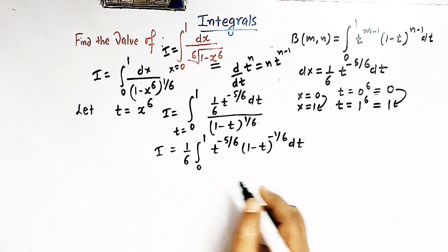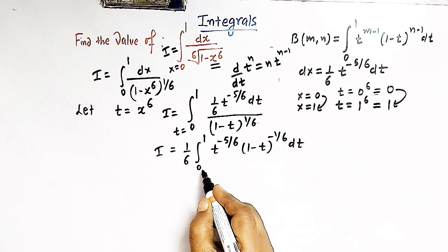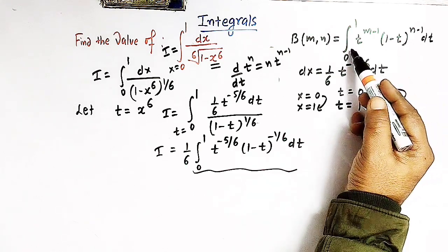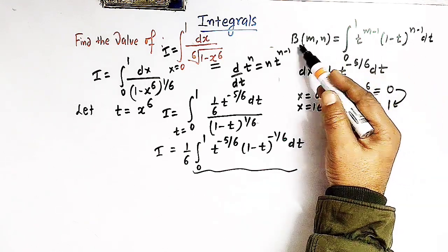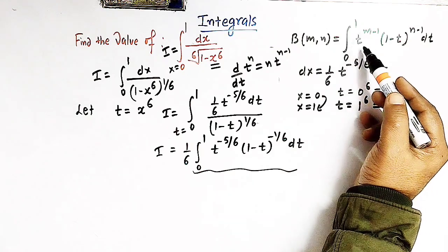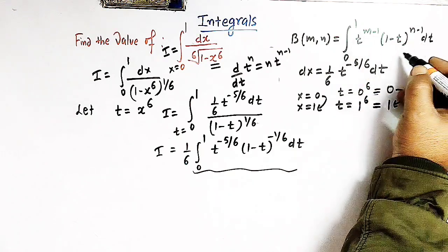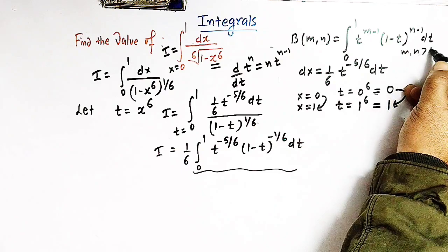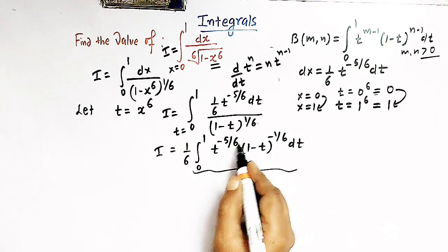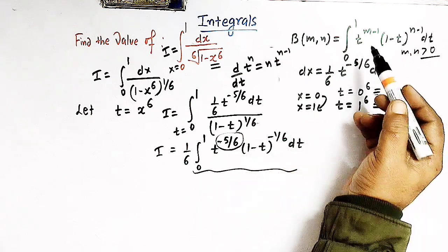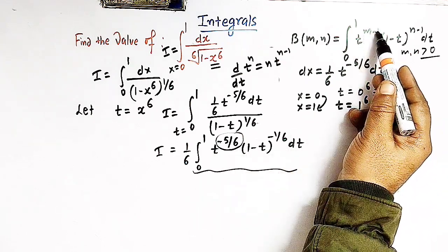So now we can easily observe that this integral is similar to this one, that is the beta function, that is beta m comma n is the integral from 0 to 1 of t raised to m minus 1 times 1 minus t raised to n minus 1 dt, where m and n are greater than 0, right? So here we have t raised to minus 5 over 6, and here we have t raised to m minus 1.